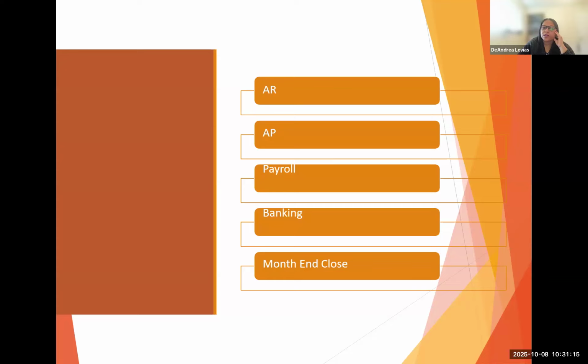for the organization. Banking, we kind of already talked about this. This is money going in and out, and then payroll, and then a month-end close. This is something that when I was doing capacity building, I helped a lot of organizations get in place. A lot of organizations use QuickBooks, and so they're recording transactions in the system, but they're not doing bank reconciliations on a monthly basis.